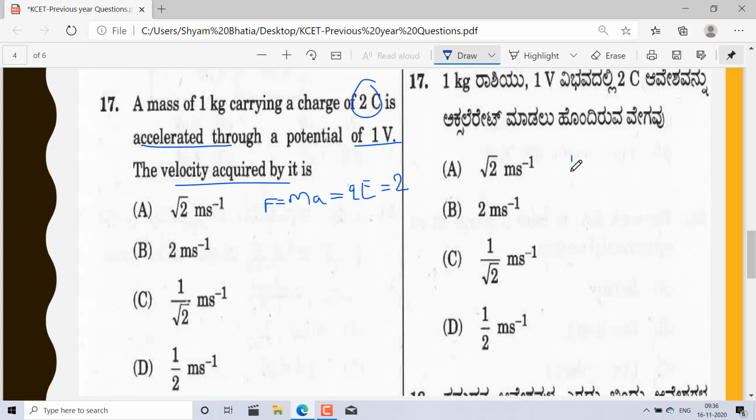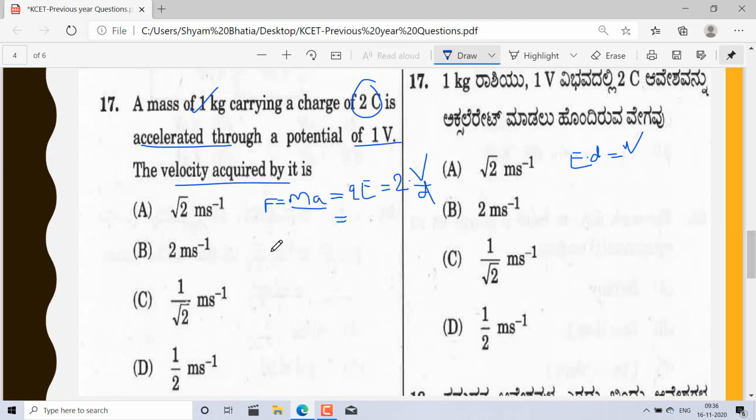And also I can write E is equal to V by d, where V stands for voltage or potential difference. So E is nothing but V, the potential, divided by d. And F is equal to ma.